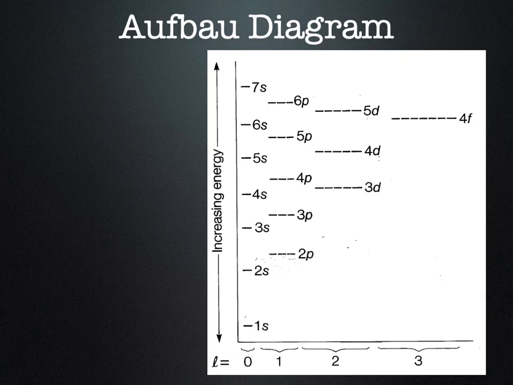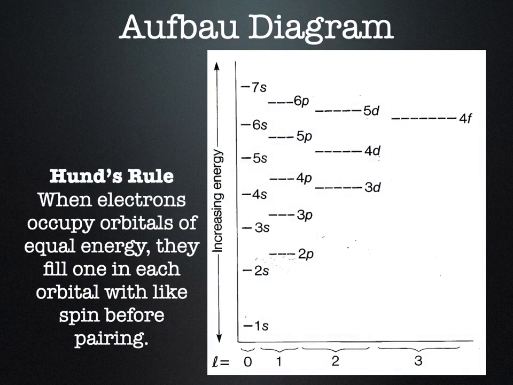All right, let's look at the third rule, Hund's rule. When electrons occupy orbitals of equal energy, they fill one in each orbital with like spin before pairing. Take a look at this diagram and think to yourself, where do we have orbitals of equal energy? Anywhere that there is more than one orbital in a sublevel.